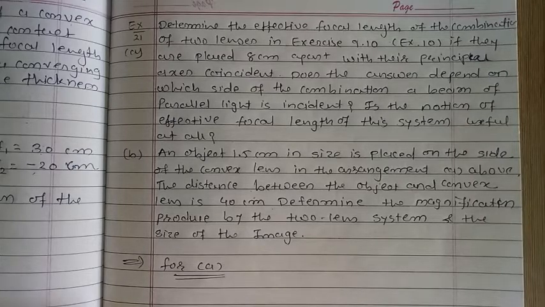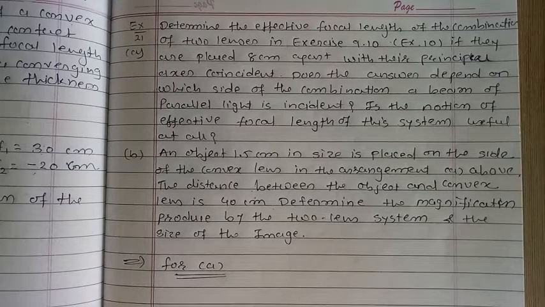So here for A there are two cases. If we place the convex lens first and second concave, and in the second case we place concave first and convex second, right? If the answers are the same, then we can say that the answer does not depend on the combination.